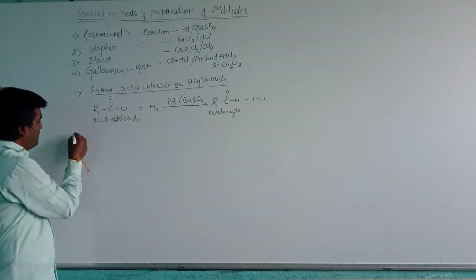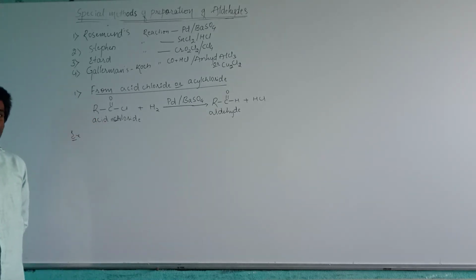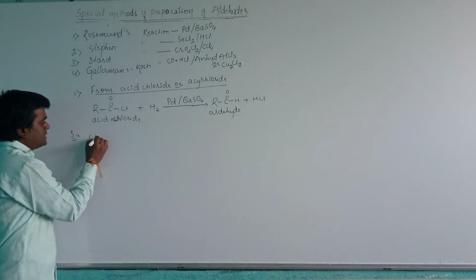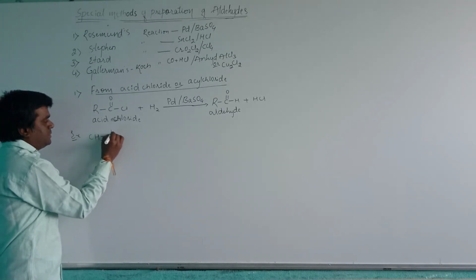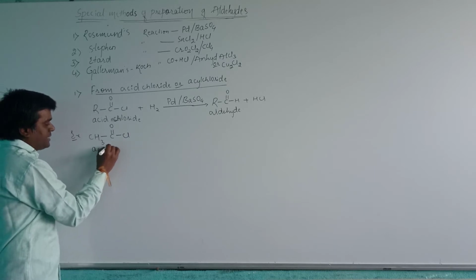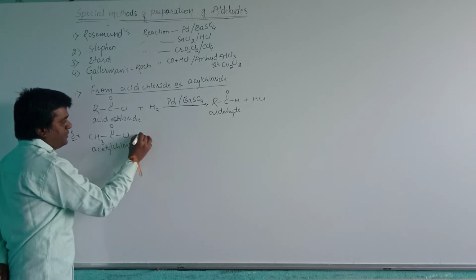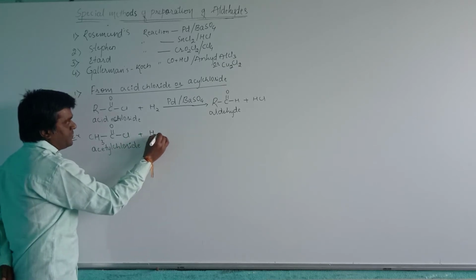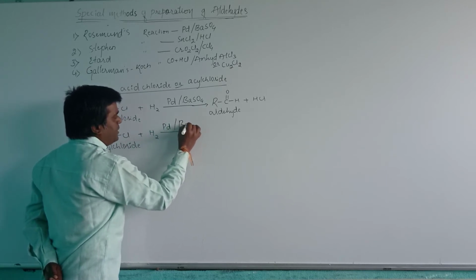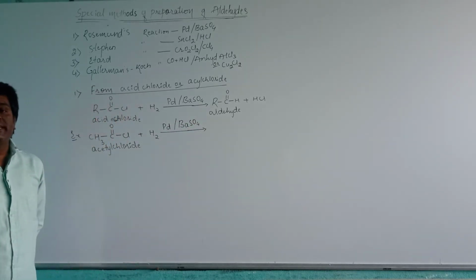Now take the examples. In place of R, we can take an aliphatic compound as well as an aromatic compound. First, we take the aliphatic chain. CH3 C double bond O Cl, that is acetyl chloride, undergoes reduction in the presence of palladium suspended over barium sulfate, and gives acetaldehyde.